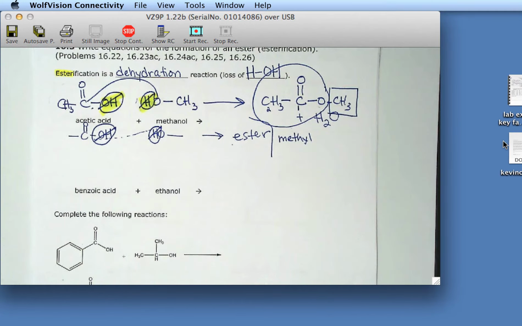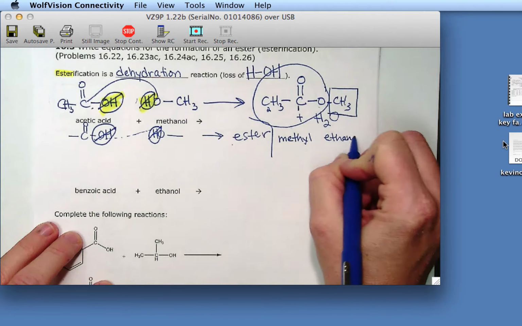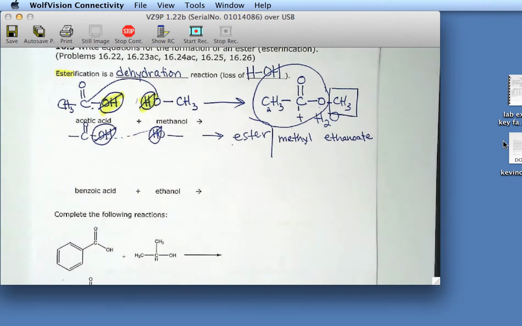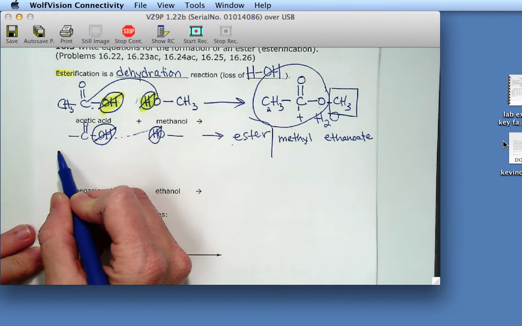What's the ending that you add for esters? Oat, yeah, O-A-T-E. Methyl ethanoate. You'll get them. And that esterification lab will help you tremendously because you will see it. Yeah. That's the IUPAC. That's the IUPAC way.